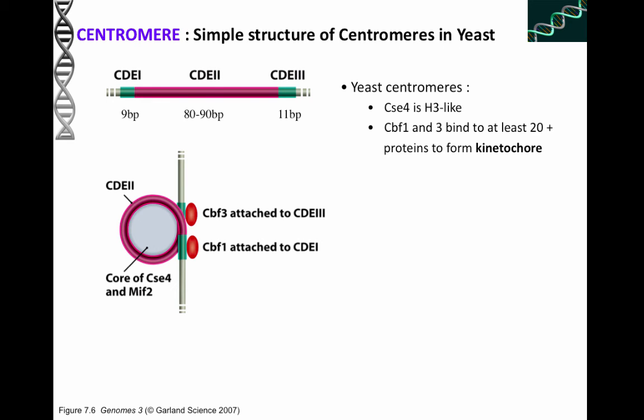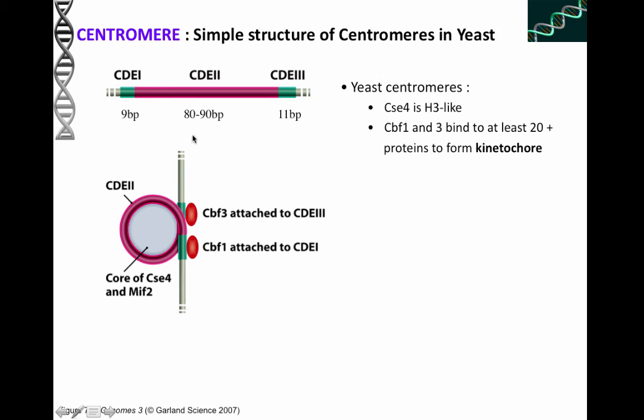Looking at the proteins binding to the centromere structure, they found that these have specific binding affinity to the DNA. For example, CSE4 has a structure similar to histone H3. CBF1 and CBF3 bind to at least 20 other proteins to form the kinetochore.